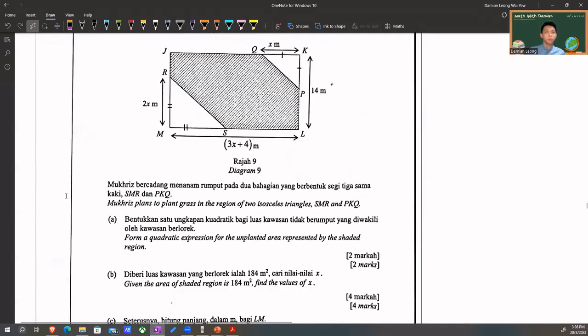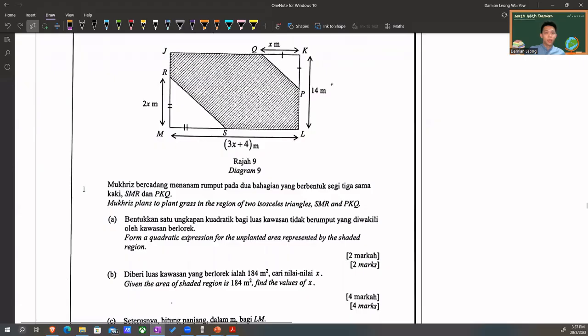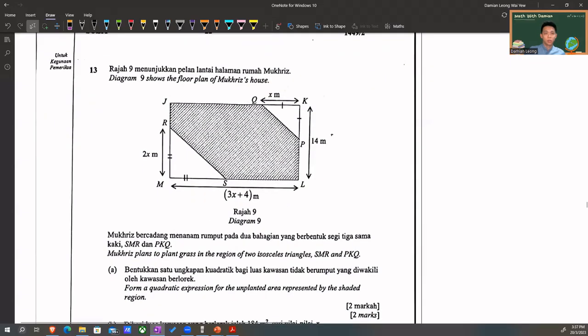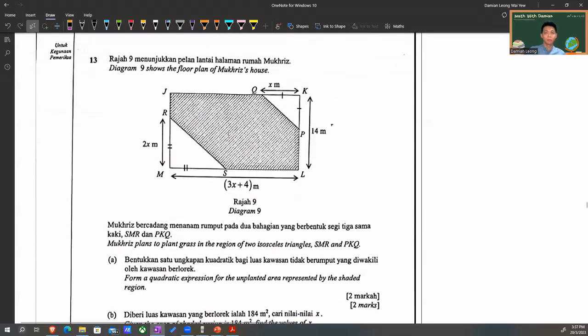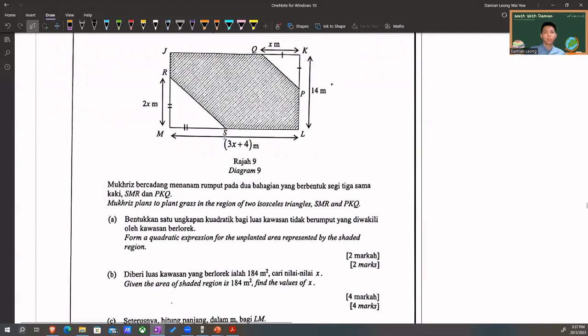Okay. Then question 13. I want to form a quadratic expression for the unplanted area represented by the shaded region. This is a floor plan of Chris' house. These two triangles are the area of the planted grass. So in the middle, the shaded part here is the unplanted region. To form the quadratic expression, the area of the shaded region is usually the area of the whole thing minus the area of the unshaded part.